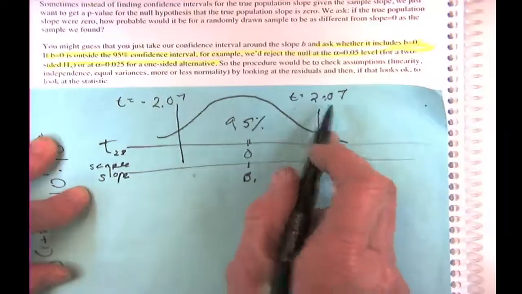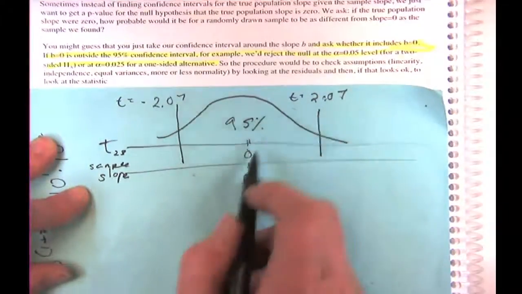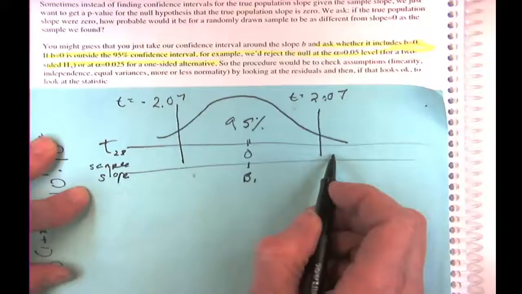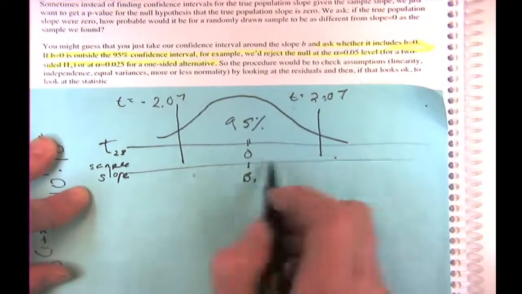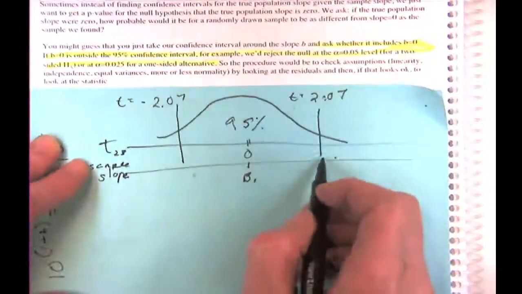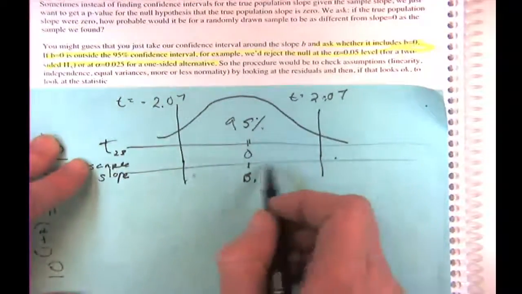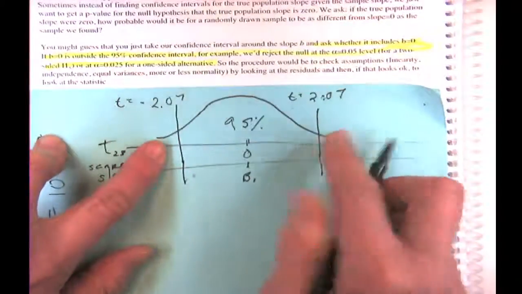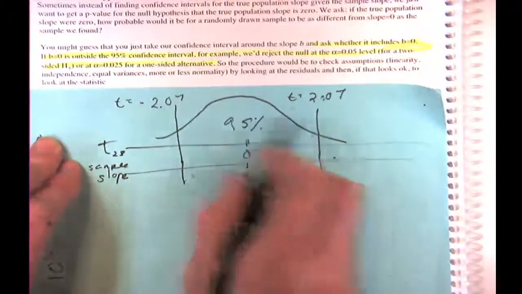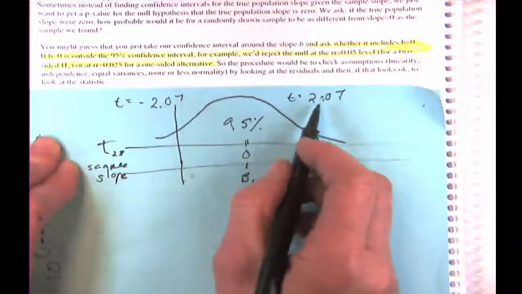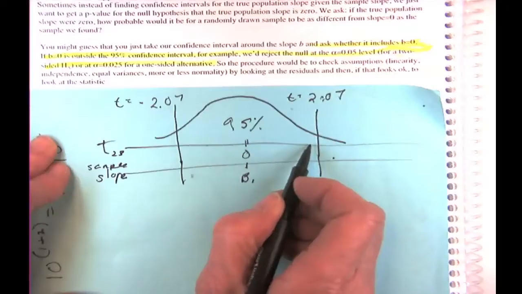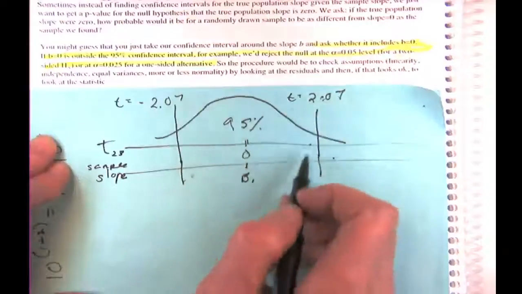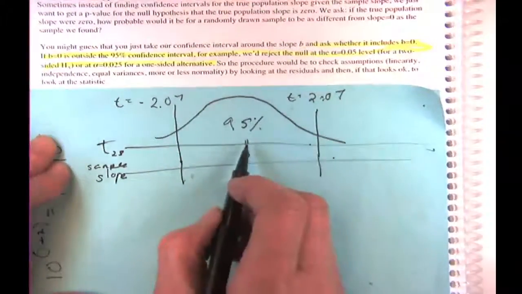Once you translate it into a t statistic, if we build confidence intervals as an actual number and go either direction by this amount, we're outside the range only 5% of the time. Let's pretend we already standardized it; it's so much easier. So now we're just in the t statistic. 95% of the time, when we take whatever we get and go minus 2.07 and plus 2.07, we will include 0.